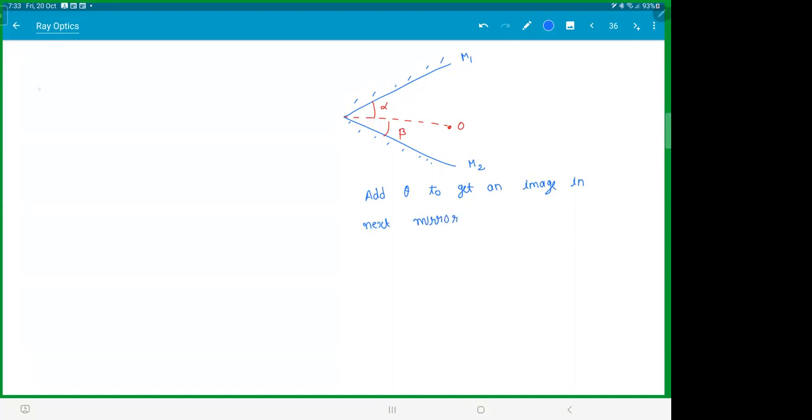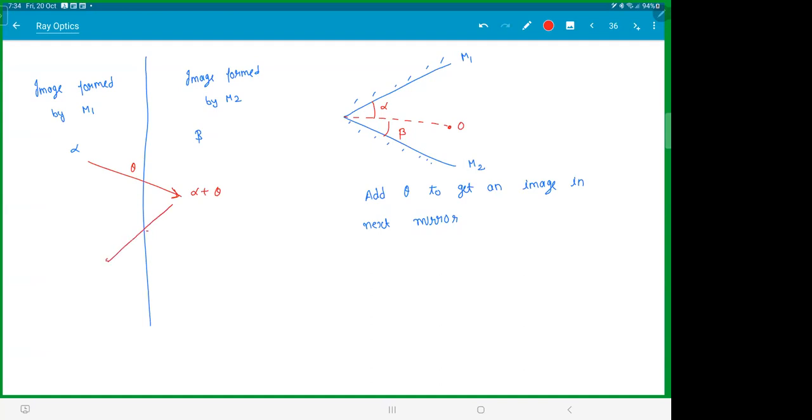So this is what we do. Image formed by M1. Image formed by M2. So you start with alpha, beta. Then you add angle theta. So you will get an image in the second mirror at an angle of alpha plus theta.